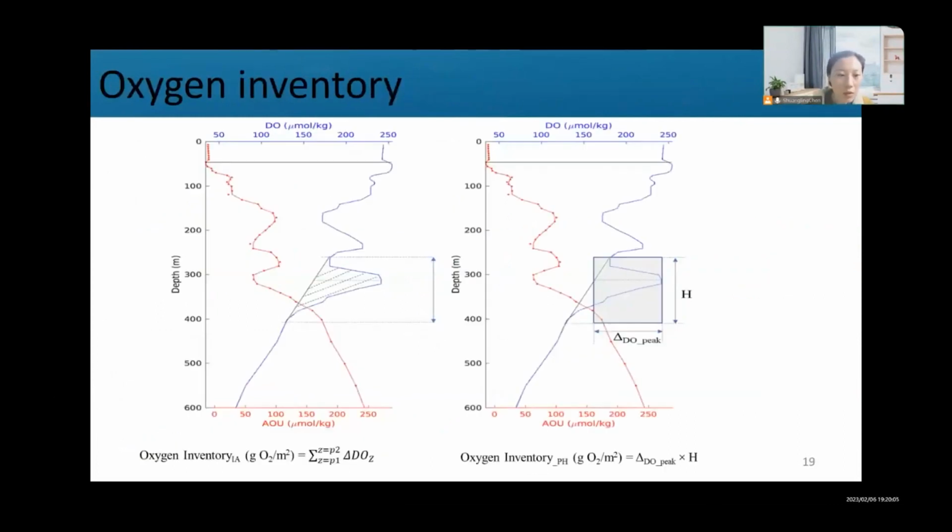To further examine how much oxygen was injected into the deep waters, here we quantified the oxygen inventory for each subduction patch by integrating the anomalies in dissolved oxygen. That is the shaded area in the profile. So we did two kinds of quantification.